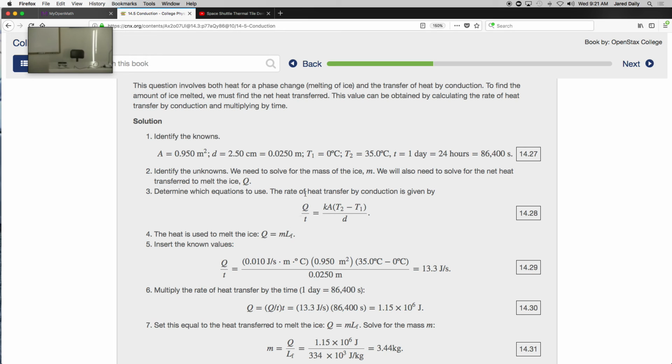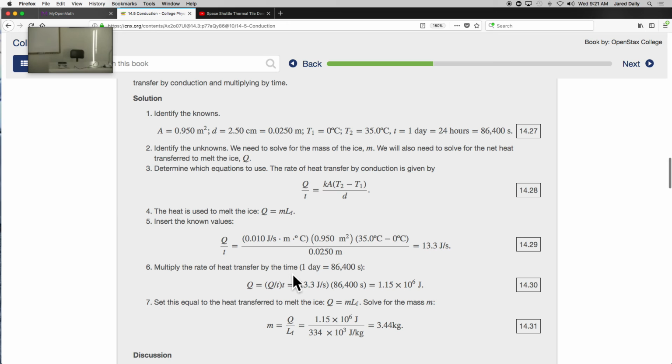We want to know how much heat is going to be transferred through this. So we plug all those numbers in, including the time, at the end here, and we get 1.15 times 10 to the 6 joules. 1,000,000 joules of energy is going to enter this box and melt ice during this time.